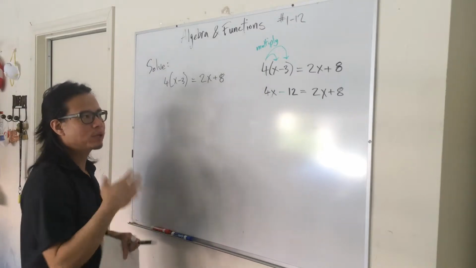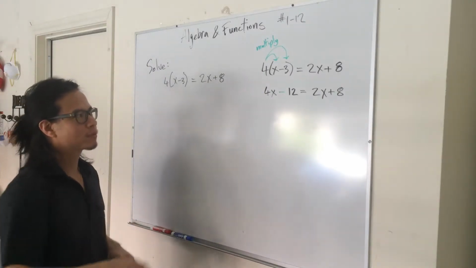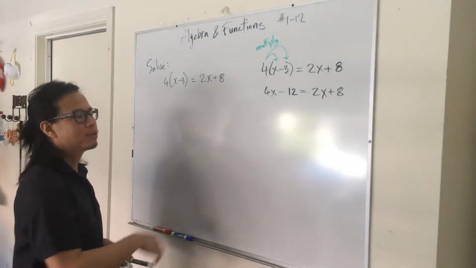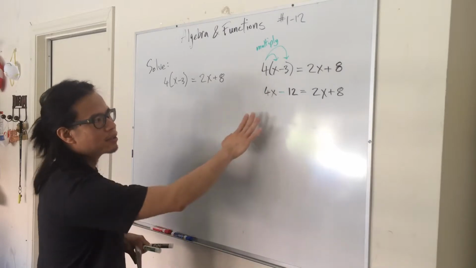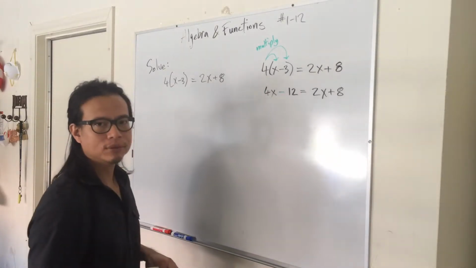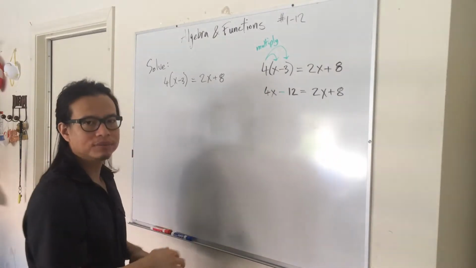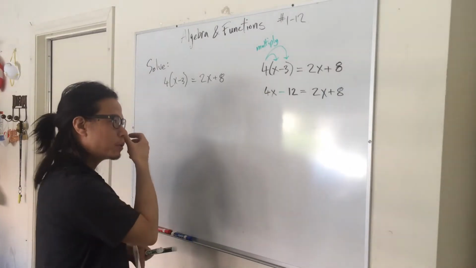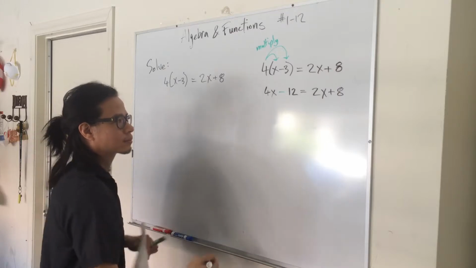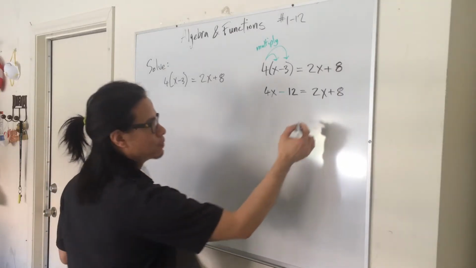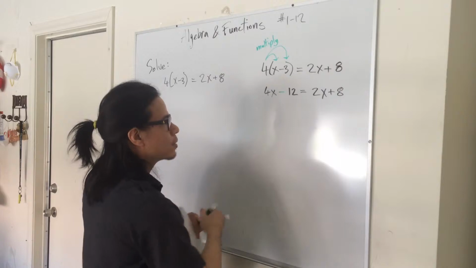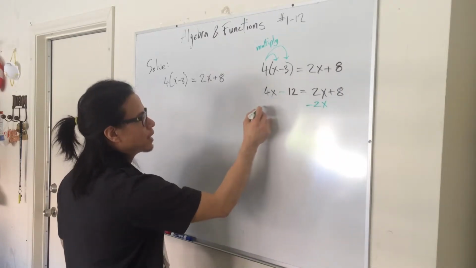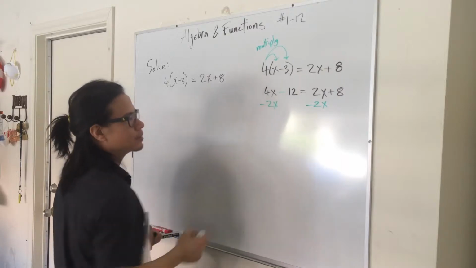Can you guess what we're going to do next? We have variables on both sides, so let's move it to one side. Pick either side. You can move the variable to your right if you like, but here I'm going to just move it to the left. So you have 2x there. How would you get rid of the 2x? If you say subtract it away, you are correct. So minus 2x, because there's an equal sign here, so subtract 2x here too.